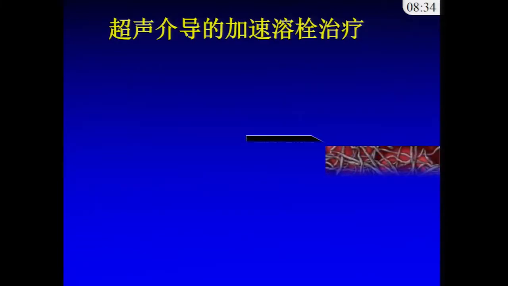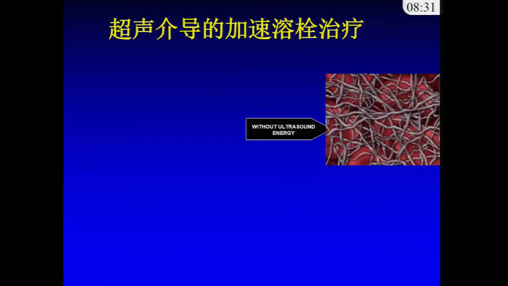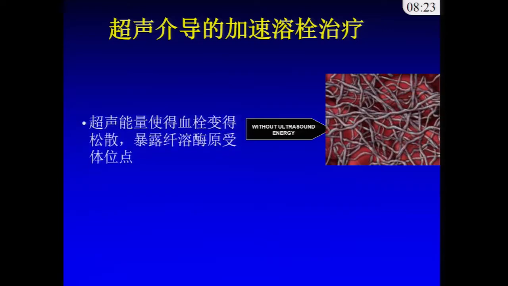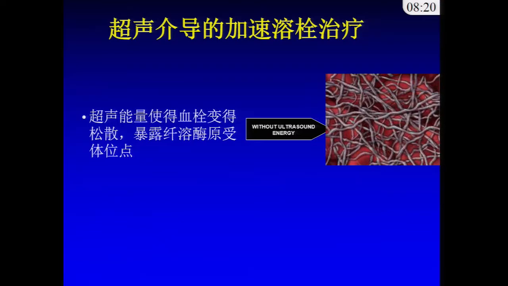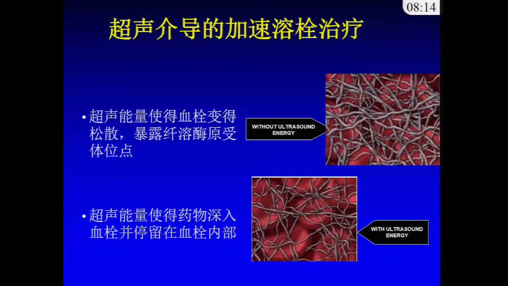And by that, the ultrasound energy causes the fibrin strands to thin and loosen, exposing plasminogen receptor sites to the medication. Also, the ultrasound pressure waves force the drug deep into the clot and keep the medication there.